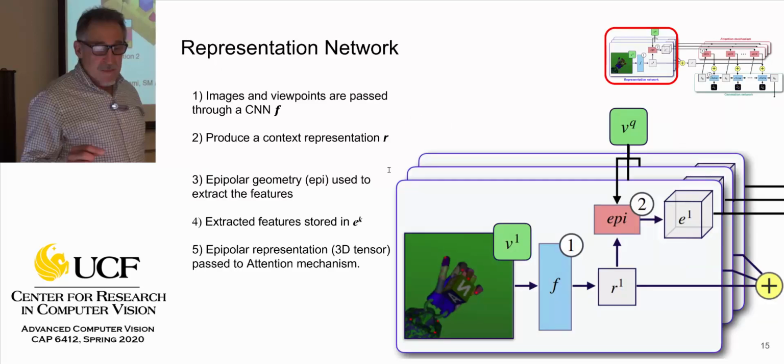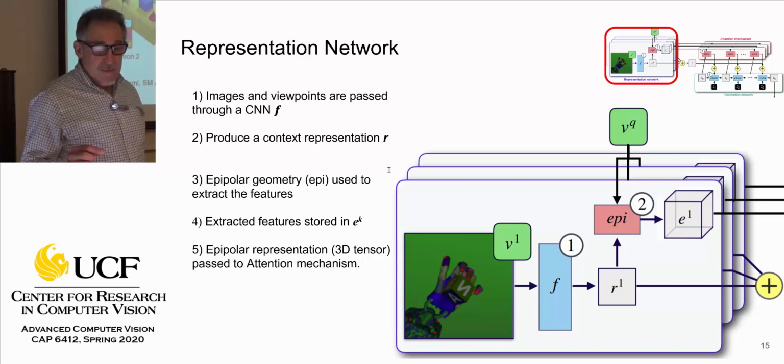So the representation network, this is the first component. What we're looking at is 3 stacked input context images and their corresponding views passed to F, which is a convolutional neural network, and then to R, which is the representation.